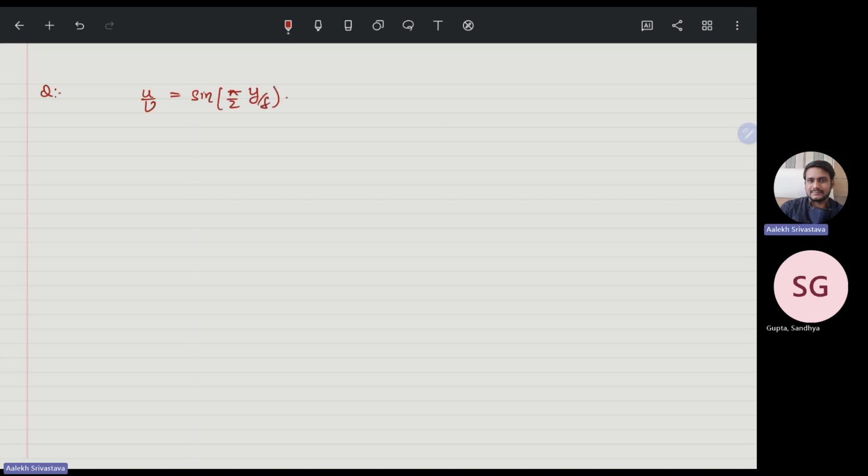Suppose this is the velocity profile and it is in sinusoidal form. Now what will be the different parameters? Similarly, the same thing you need to do.